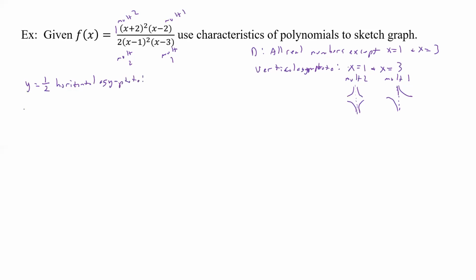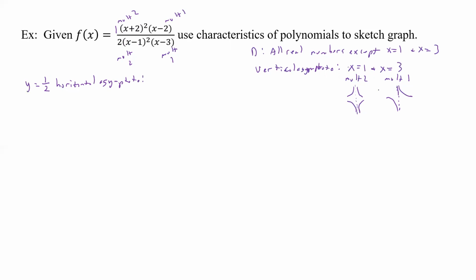That's because the degrees are equal, so we just take our leading coefficients. So we've got a horizontal asymptote, vertical asymptotes, and our domain.